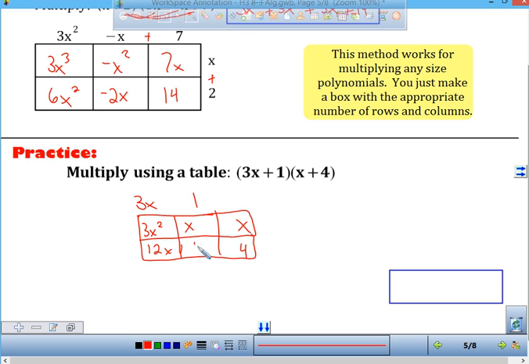And 1 times 4, 4. And then combine your like terms. So 3x squared is my only x squared. X and 12x gives us 13x. And plus 4. So just showing you a couple different ways: you have the double distributive property or you have the table.